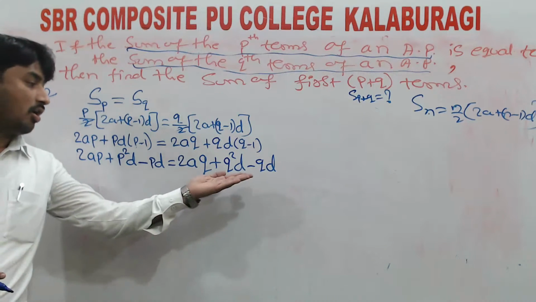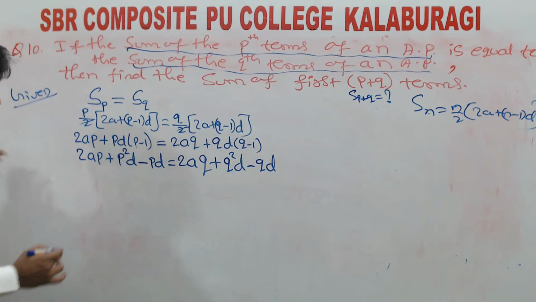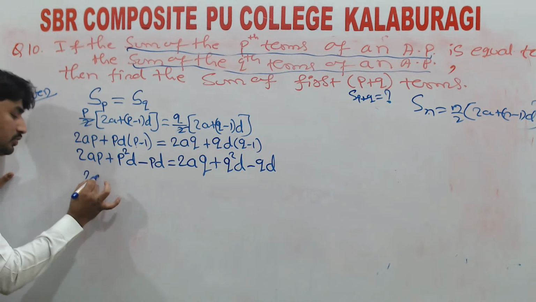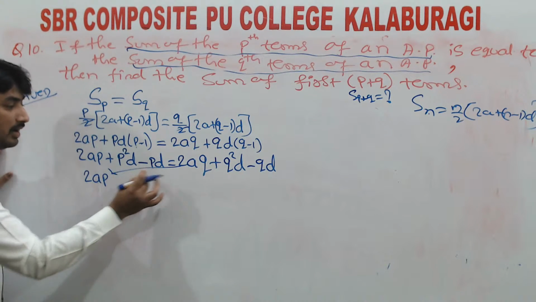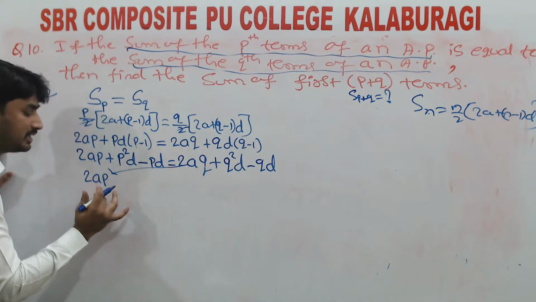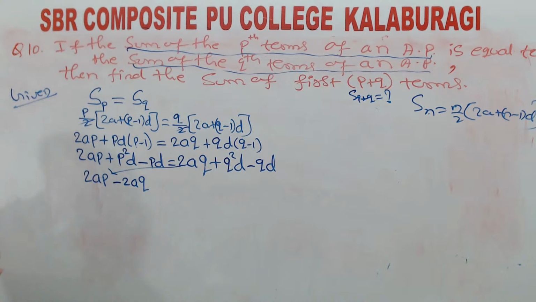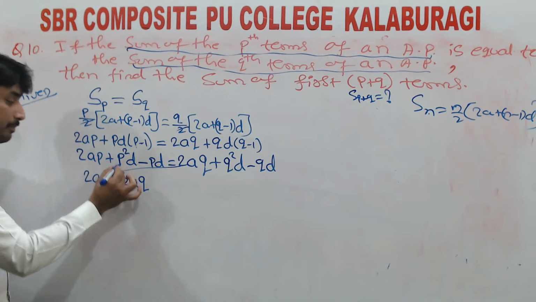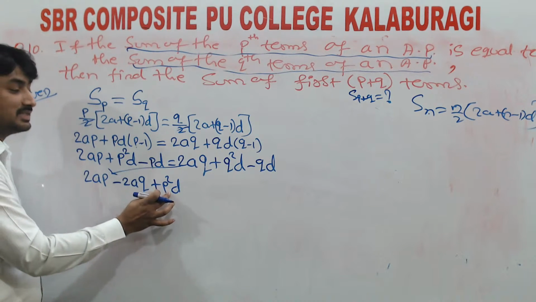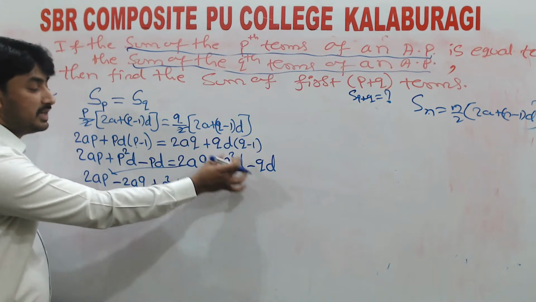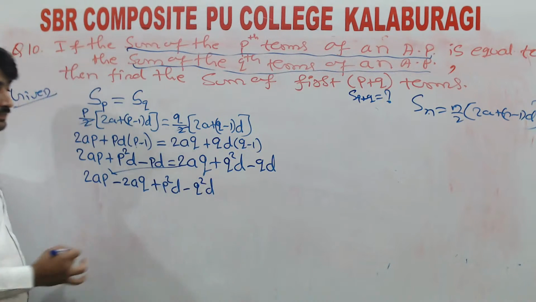Here I am taking all RHS terms to the LHS side. It becomes 2ap, minus 2aq, plus p square d as it is, and q square d taken to the LHS becomes minus q square d.